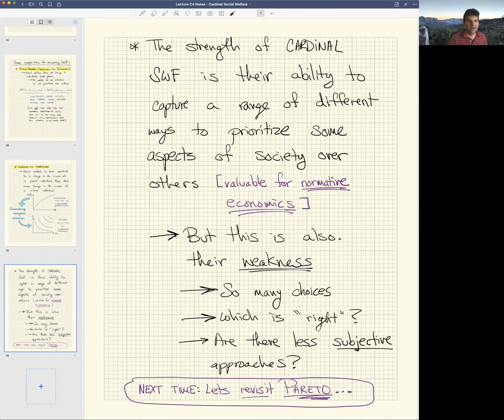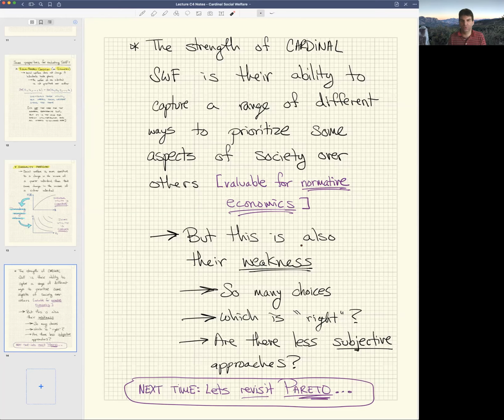And then my last slide here is just a comment that I've already sort of beaten you over the head with: the choice of utility function is a choice of objectives for your society. So there's a role for normative economics there, but that's also the weakness. Next time we're going to go back to the Pareto perspective, which allows us to not have to make these cardinal social welfare choices and still be able to get mileage out of social welfare.